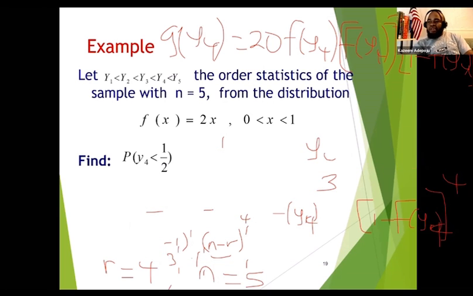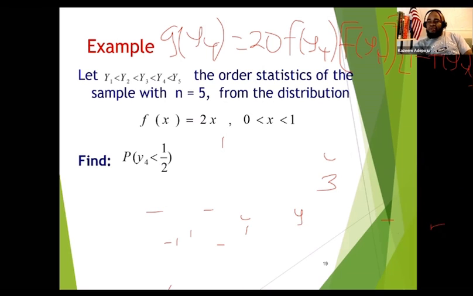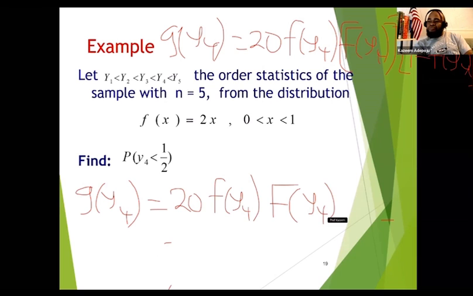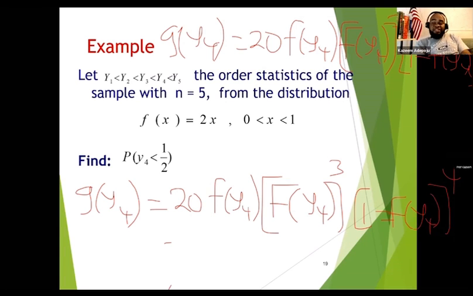Now, let me write it out. So my g of y4 is actually going to be 20, f of y4, the capital F of that raised to power 3, and then 1 minus this raised to power 4. That is the distribution now.